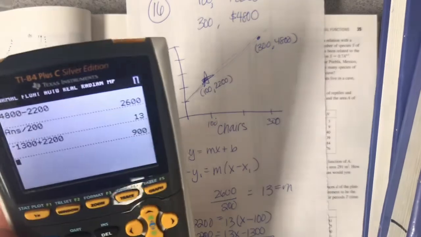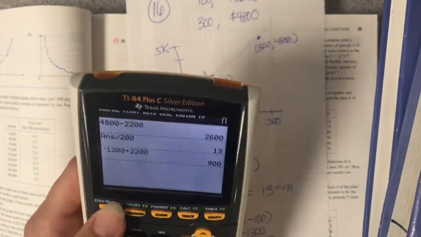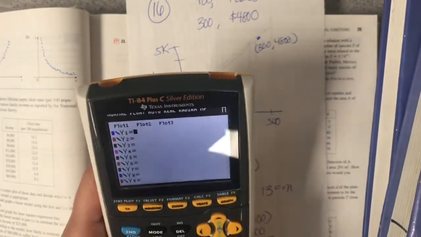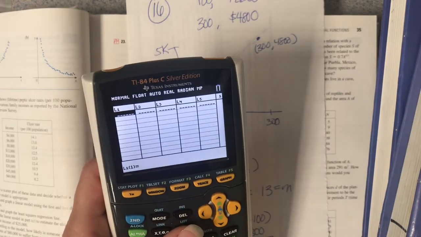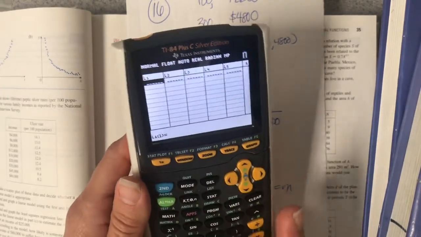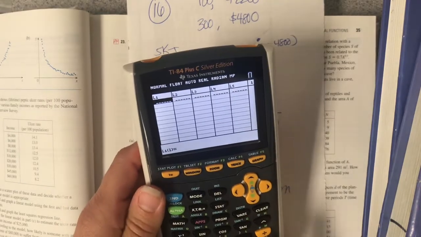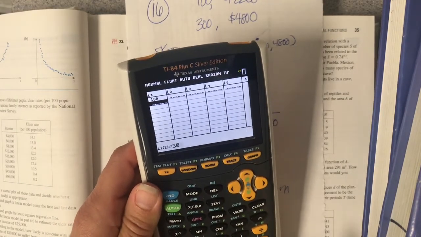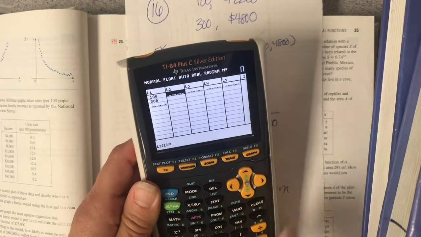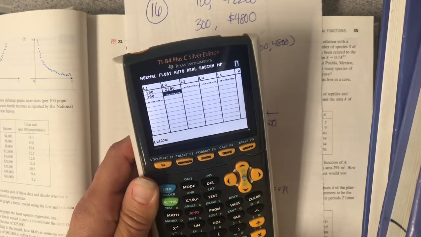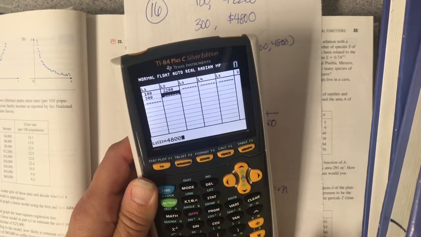Now I'm going to show you how you could do that in your calculator. If you had a big scatter plot, this would make more sense, but you can do this with just 2 dots. Go to Stat, Edit, and enter our 2 value points: 100 and 300 matched up with 2200 and 4800.